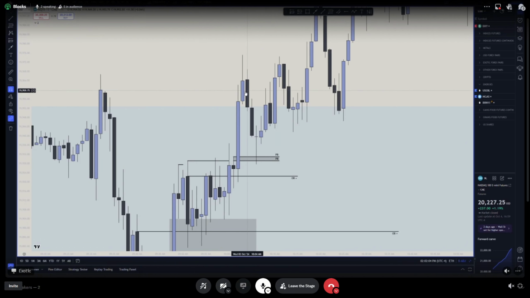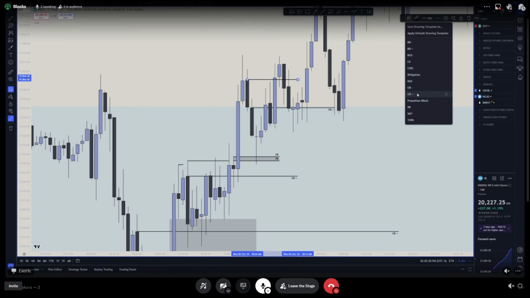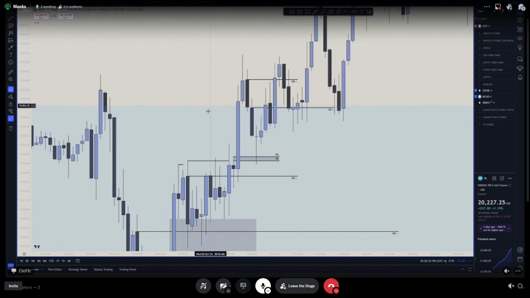However, since this candle is not inside of this weekly fair value gap, in this case we're just going to be using this candle as our order block. Now, you can technically classify this here as your order block, but for me, at least personally, since it is no longer in this weekly fair value gap here, I would not consider this the order block.